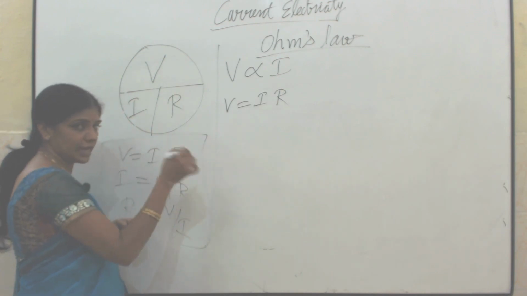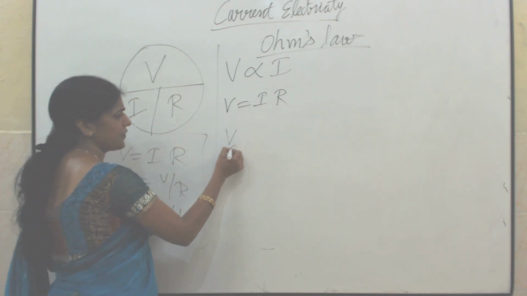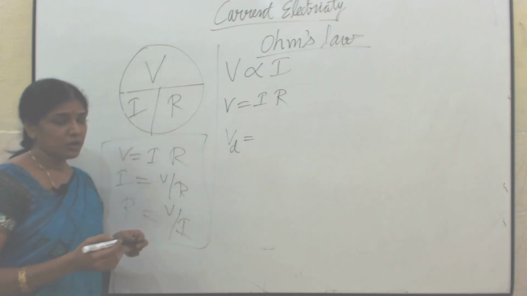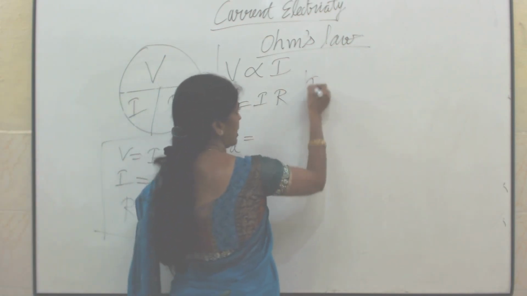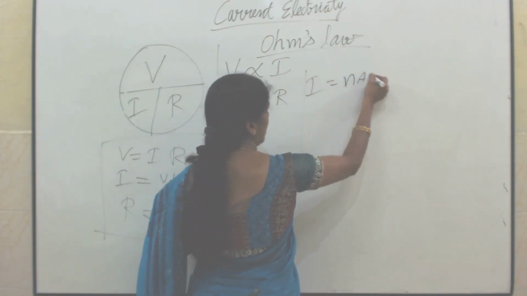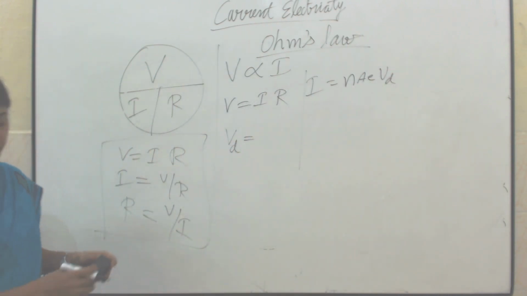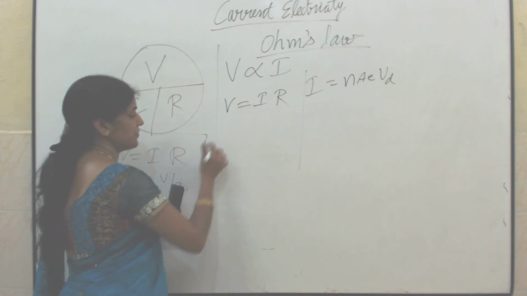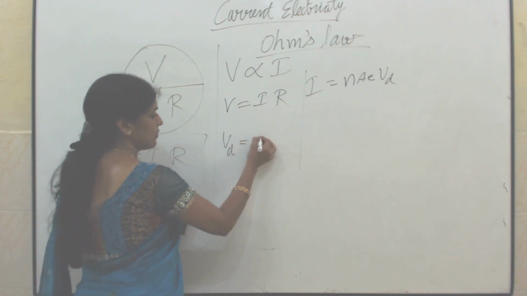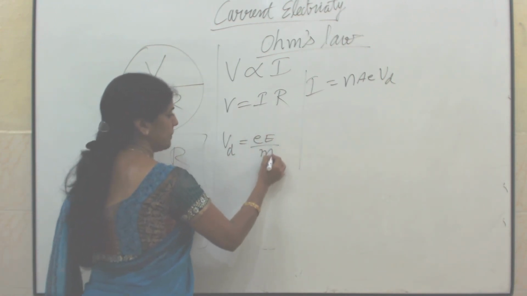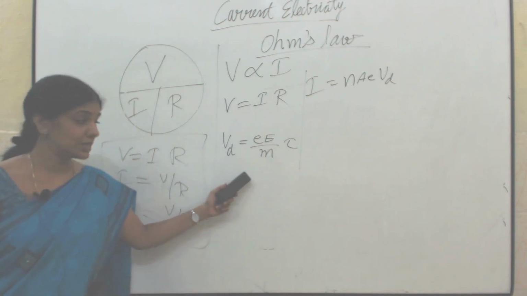Now here in this example, we have taken the current I equal to nAeVd. What is the drift velocity? Vd equal to eE by m into tau. Already we have seen the drift velocity.